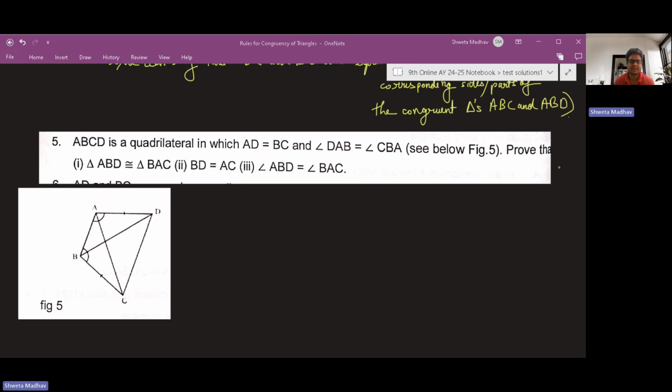Then it is told to prove that triangle ABD is congruent to triangle BAC, that BD equals AC, and that angle ABD equals angle BAC.